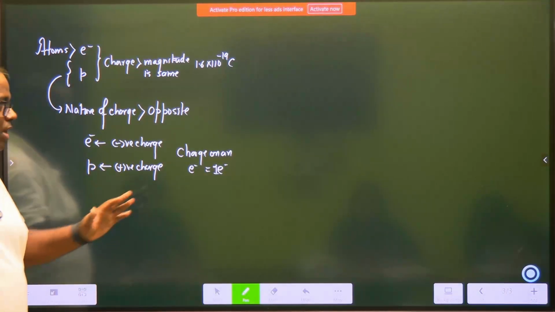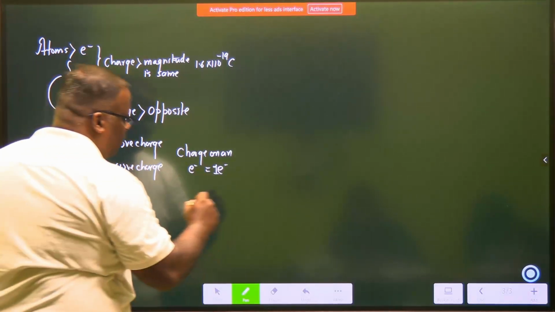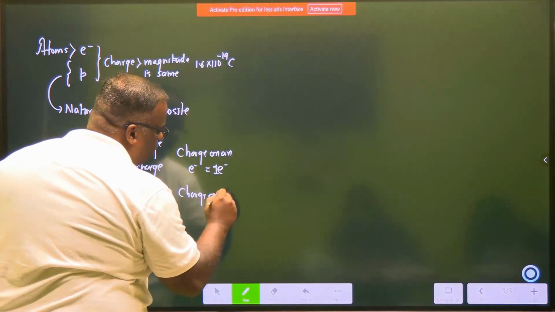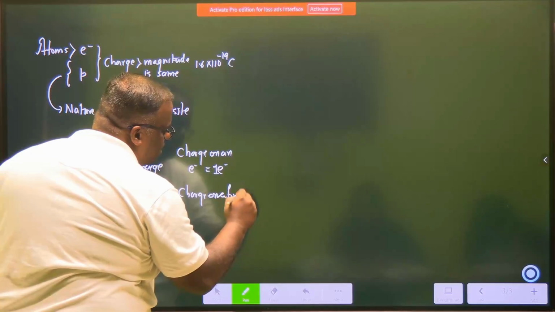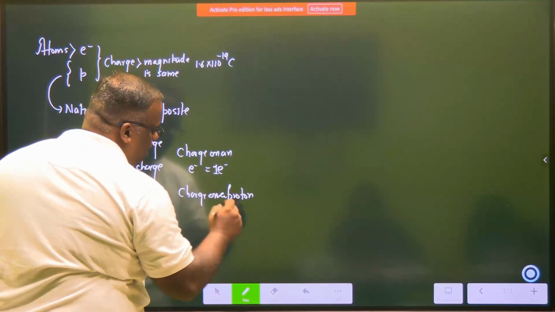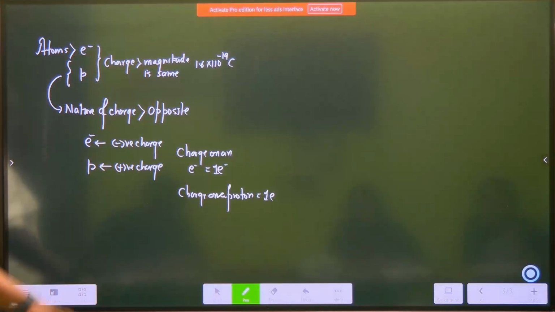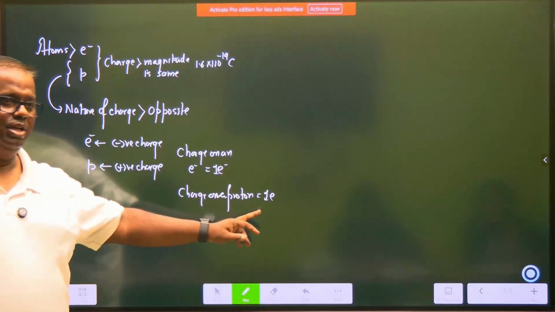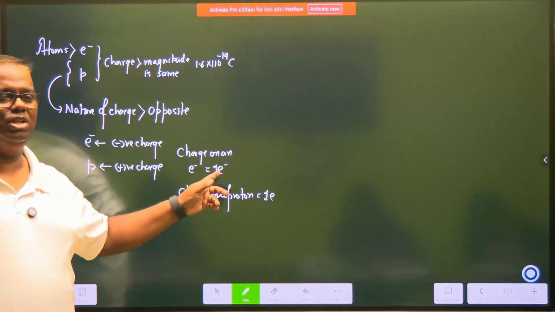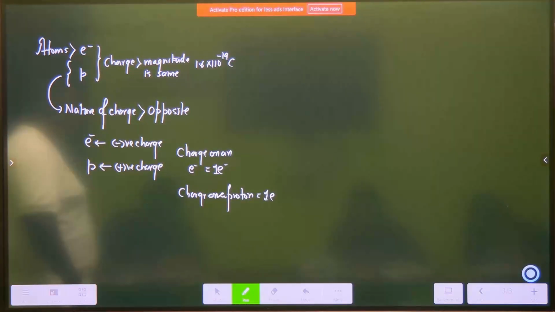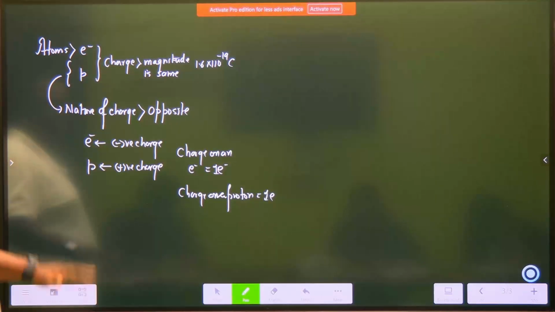Then what is the charge on a proton? Since the charges have the same magnitude, I will say plus e is the charge on a proton. Did you understand? e is not electron. e is the magnitude of the charge on an electron. e negative, e positive. Did we understand this?